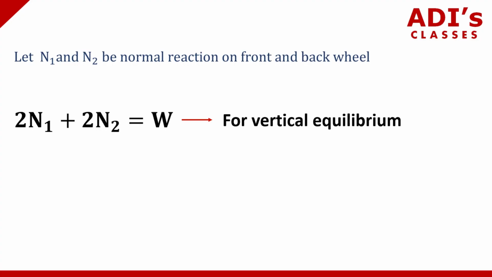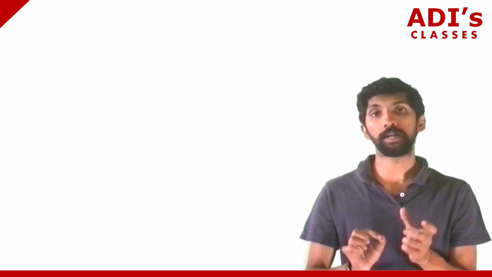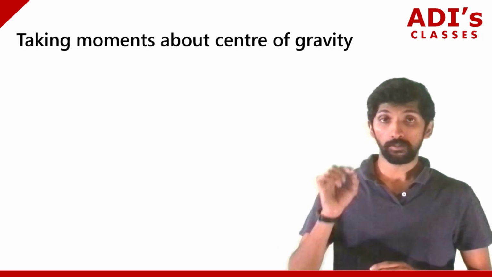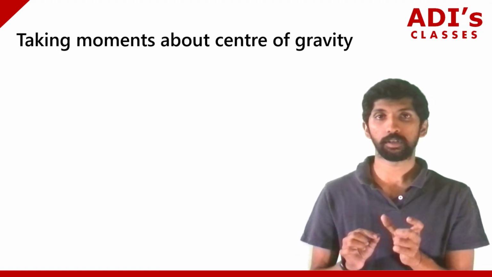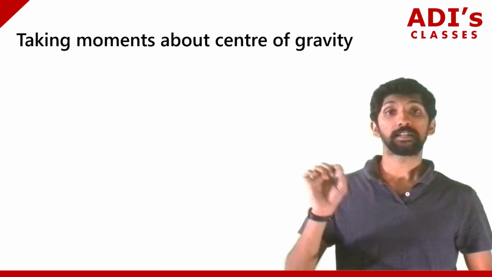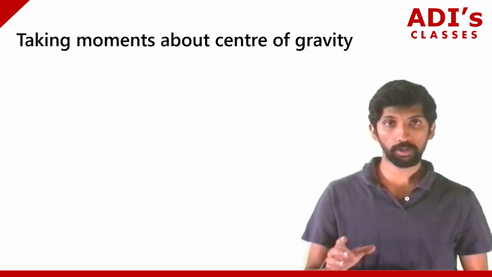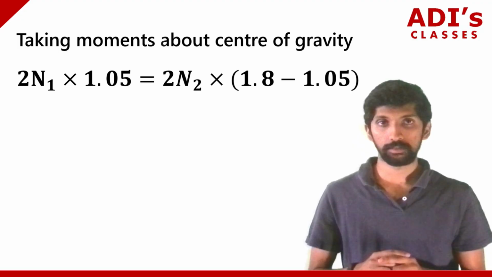Now what we have to take is, with respect to G, the moment of all these forces. Again, with respect to the center of gravity, what is the moment? So we write, taking moments about G, we get 2N1 into 1.05.